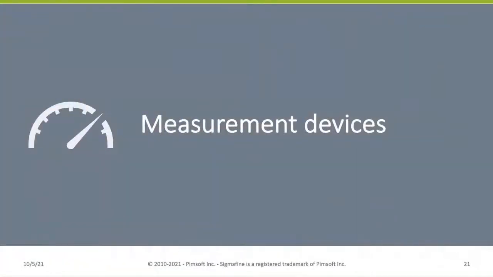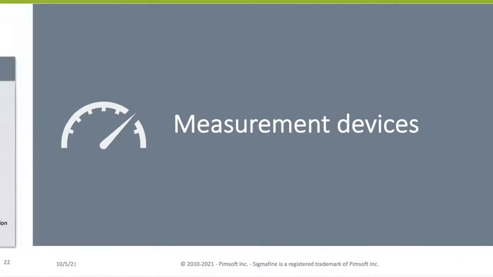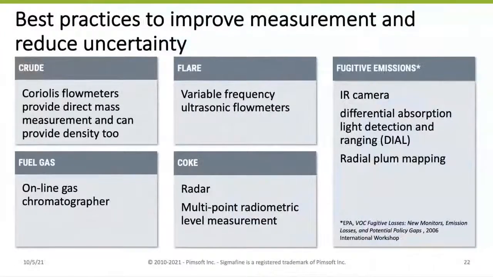Okay, although this presentation is mainly focused on the data reconciliation impact in a loss reduction program, we cannot overlook the effect of measurement devices, which in the long run accounts for a major part of the benefit, especially when the performance baseline is poor. So we thought to just summarize briefly the best practices in different critical areas.